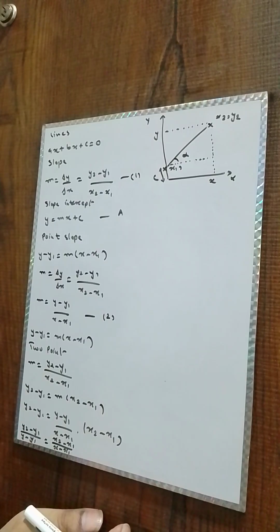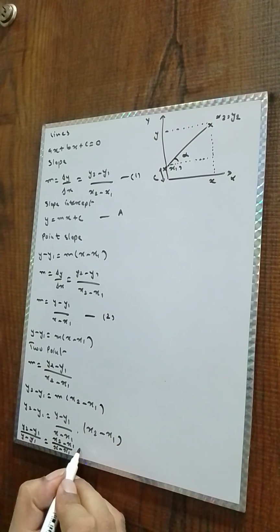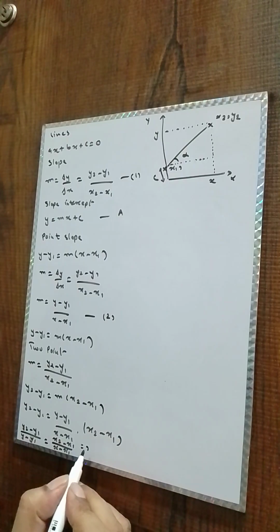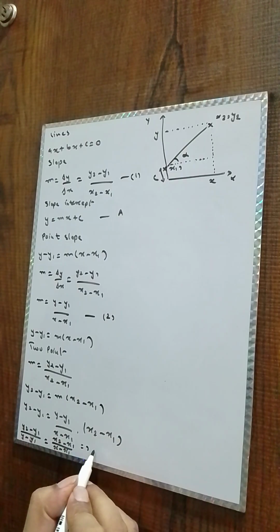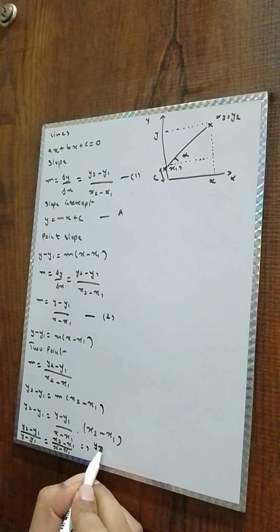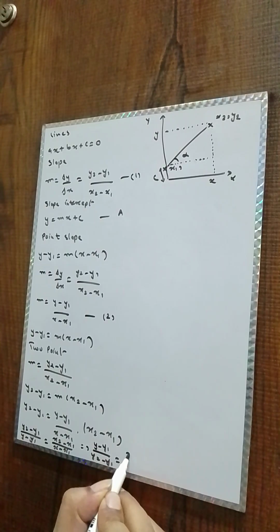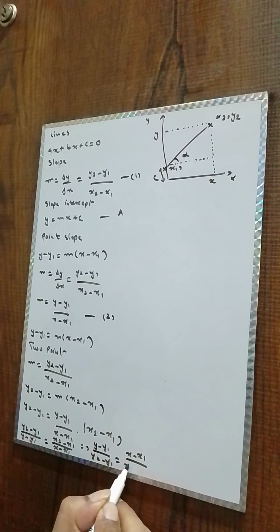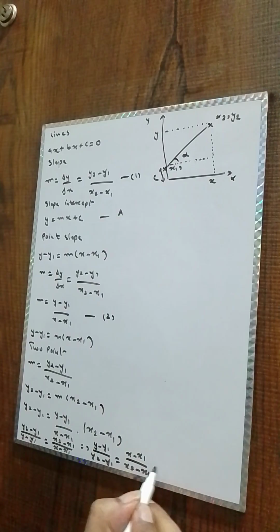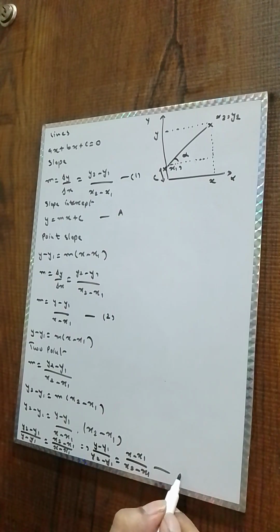Yes, so this is a 2-point form, but then this also implies that (y minus y1) by (y2 minus y1) is equal to (x minus x1) by (x2 minus x1). So this is the third form, the 2-point form.